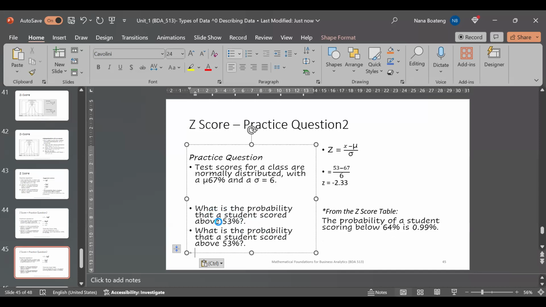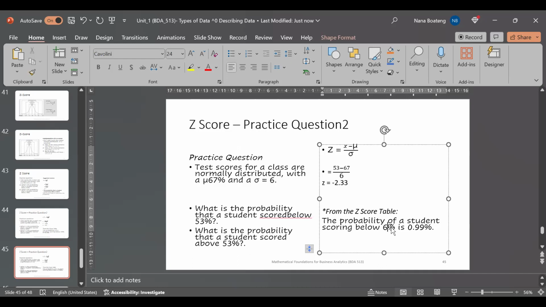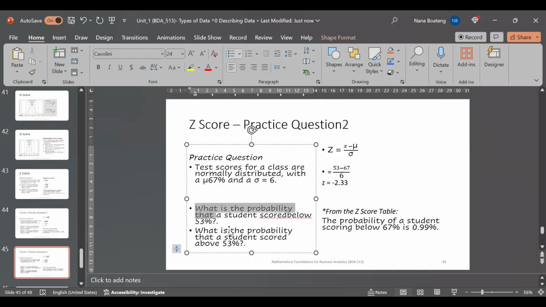Then this one should be below. So the probability of a student scoring below 67 is that. Okay. So let's say this is A. And then that one is B.